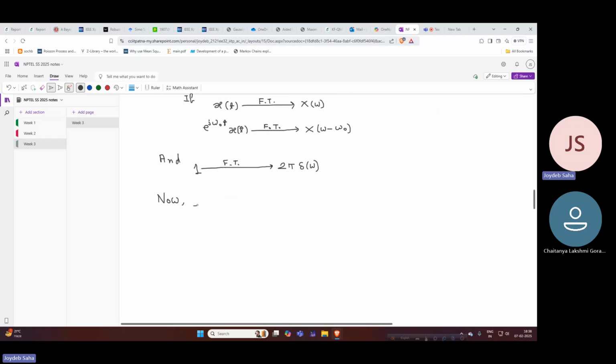So if we write e to the power j omega 0 t, its Fourier transform will be 2 pi delta omega minus omega 0.